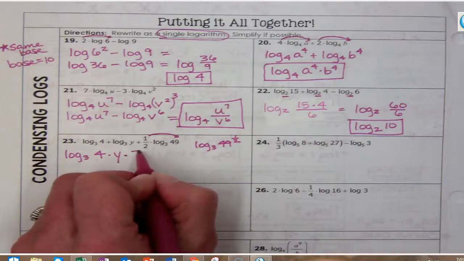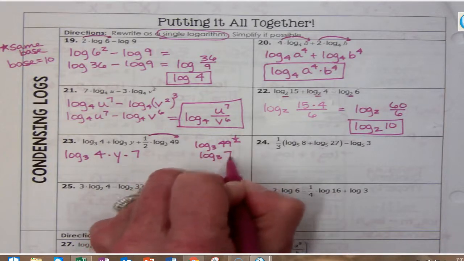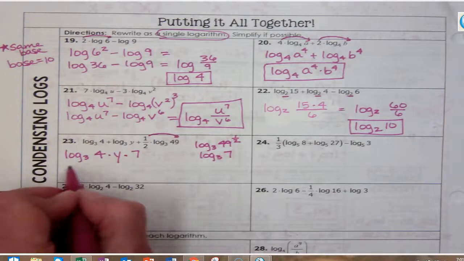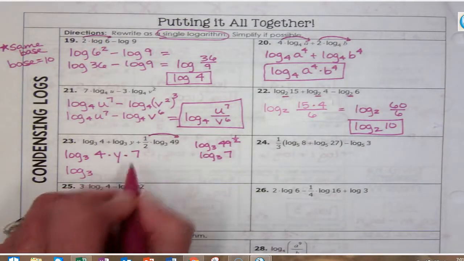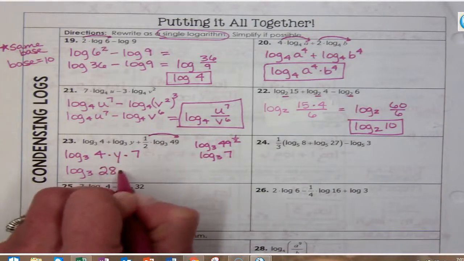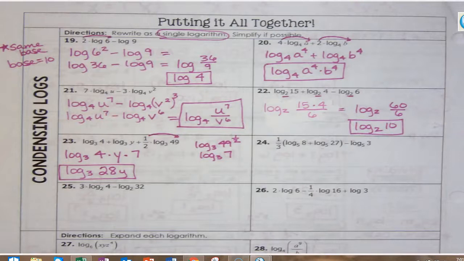So I'm multiplying this by 7. When I multiply those all together, I get log base 3 of 4 times 7, which is 28, y.